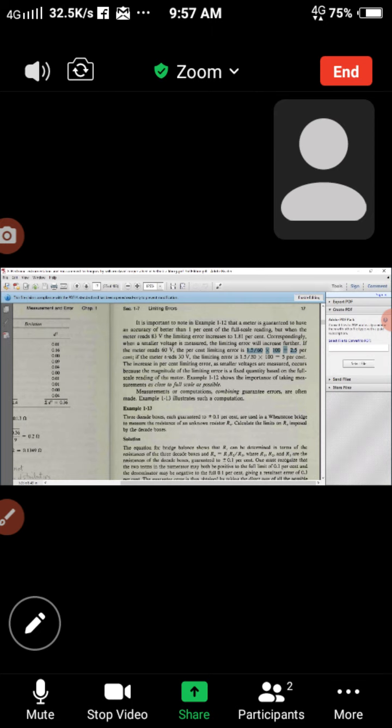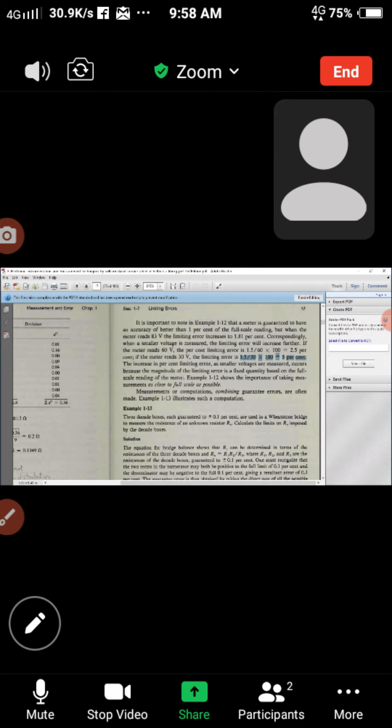If the meter reads 30 volt voltage, for the lower voltage the limiting error is 1.5 upon 30 into 100, which is equal to 5% error. The increase in percentage limiting error as smaller voltages are measured occurs because the magnitude of the limiting error is a fixed quantity based upon the full scale reading of the meter. For the full scale it is 1% accuracy. For the lower voltage of 85 volt it is 1.81%.